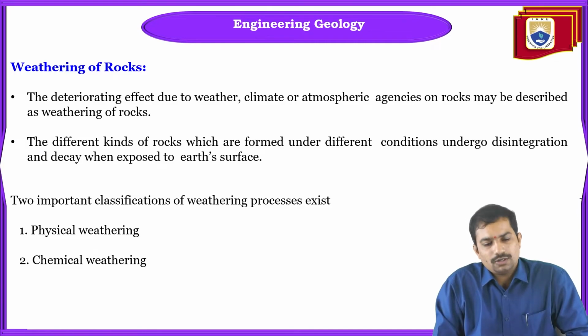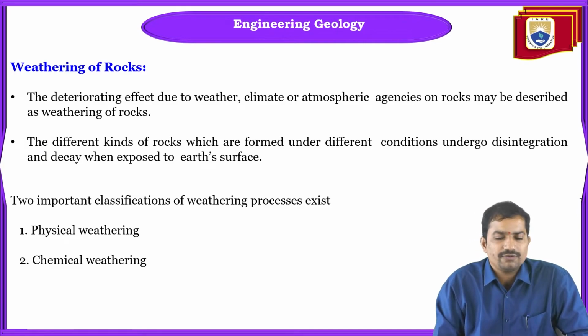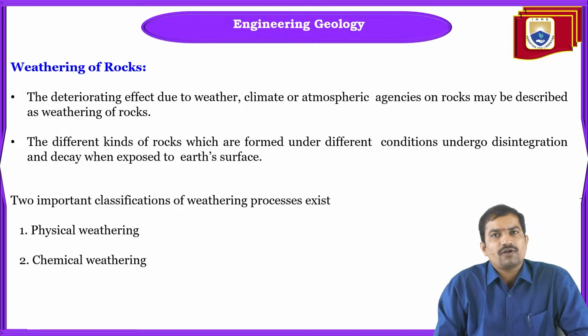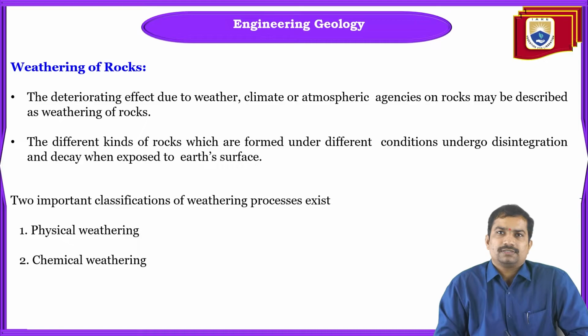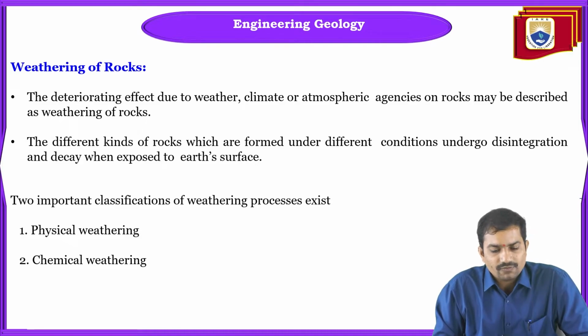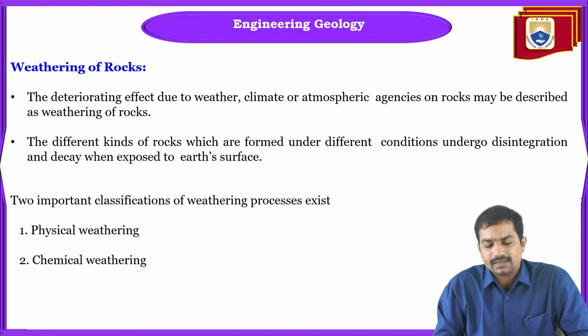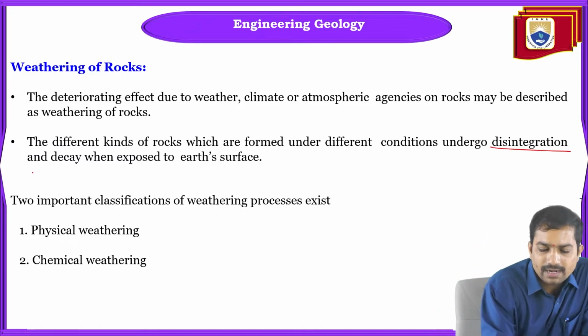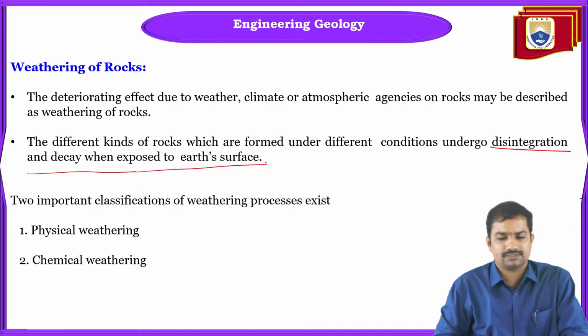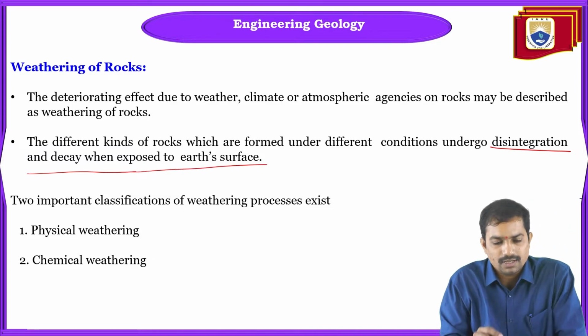Now coming to weathering of rocks. The deterioration effects due to weather, climate, or atmospheric agencies on rocks may be described as weathering of rocks. The different kinds of rocks which are formed under different conditions undergo different disintegration and decay when exposed to the earth's surface. What does this mean?